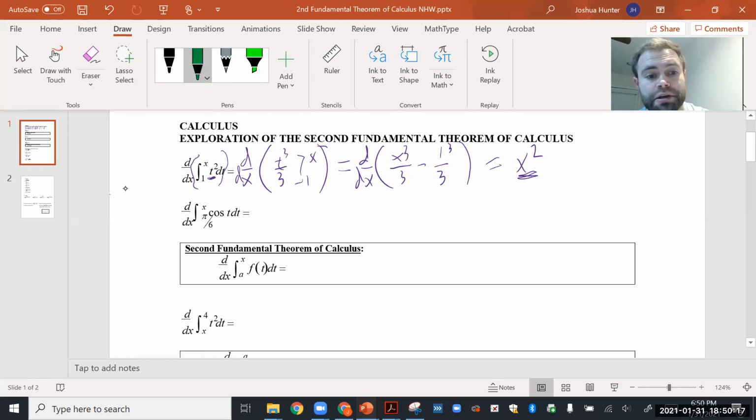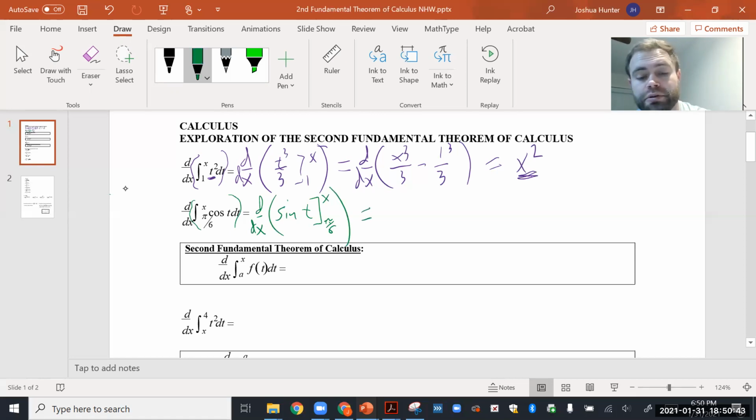Same idea here. We are taking the derivative of that whole integral, so I'm going to do the same process. The integral of cosine: what derivative produces cosine? That would be sine. So we have sine of t evaluated from pi over 6 to x.